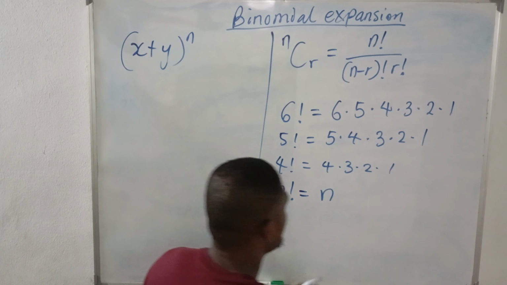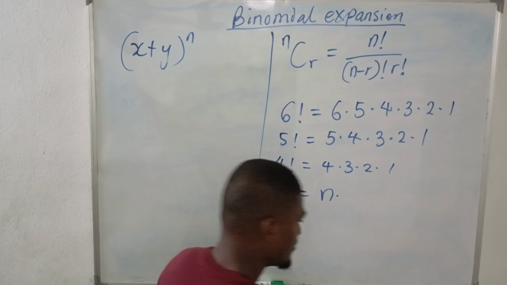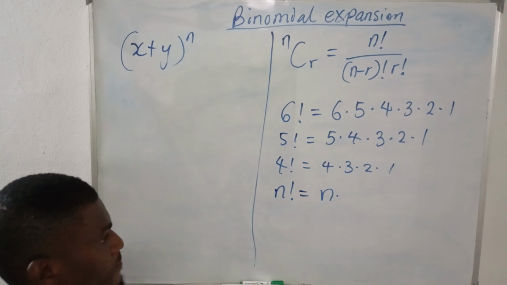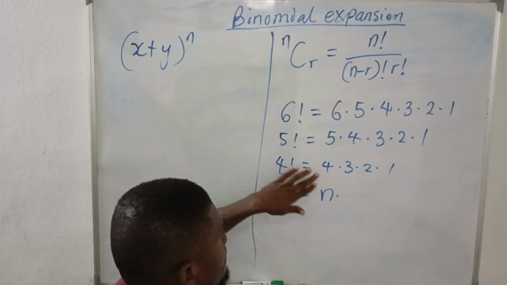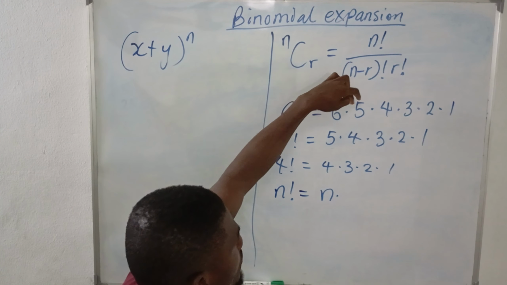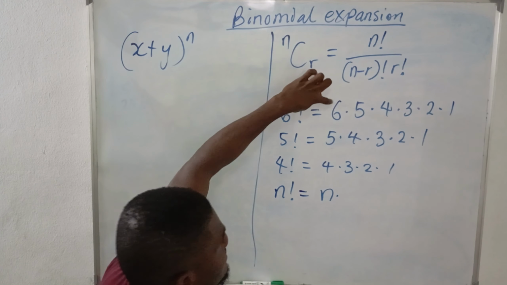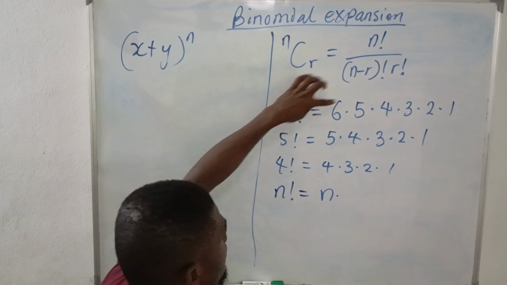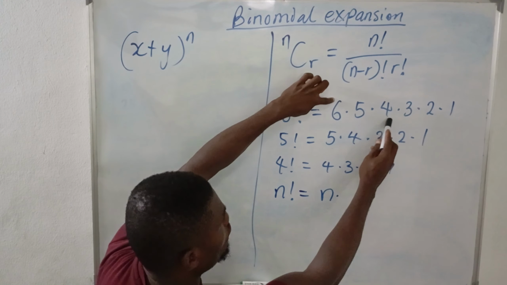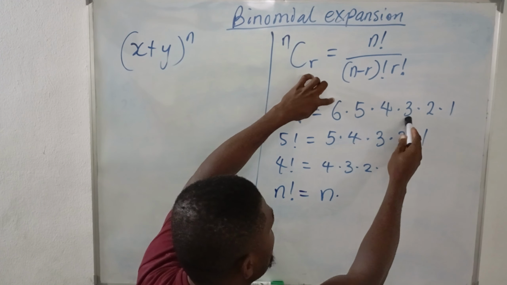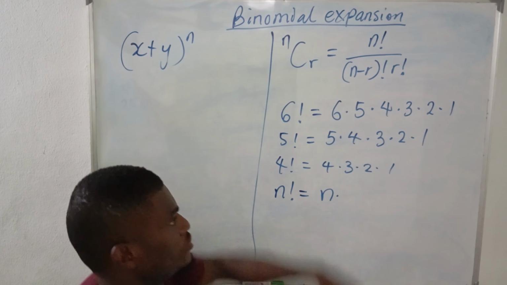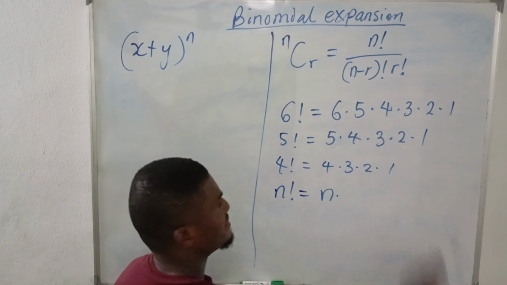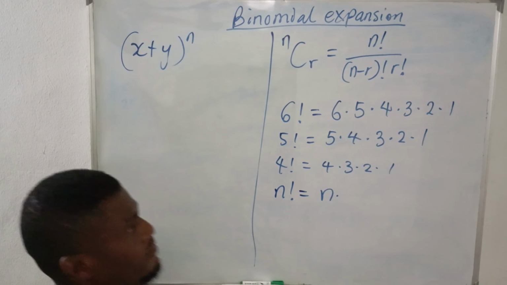And then this n should multiply to the next number, the subsequent number that is below it. Okay? So this 6, now we know that 5 is the same thing as 6 minus 1, right? 4 is 6 minus 2, 3 is 6 minus 3, 2 is 6 minus 4, and 1 is 6 minus 5.